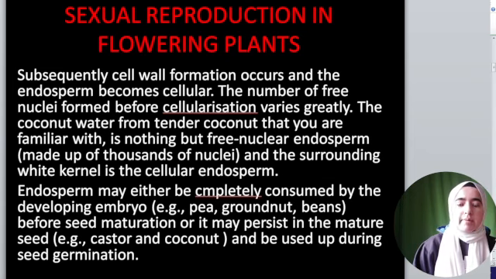Now the developing embryo might consume the whole endosperm, and we have some examples in which we find no endosperm, because it has been completely consumed by the developing embryo.